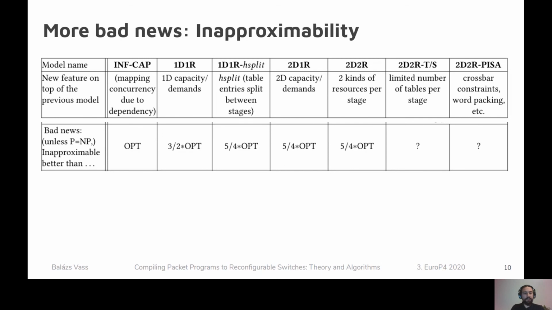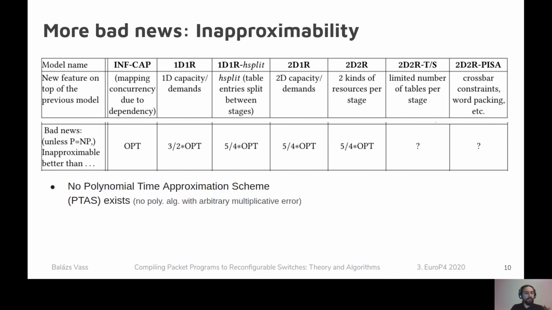All these versions of the problem do not have polynomial time approximation schemes. So there is no polynomial algorithm which can yield a solution with arbitrarily small multiplicative error compared to the optimal solution, unless P equals NP.